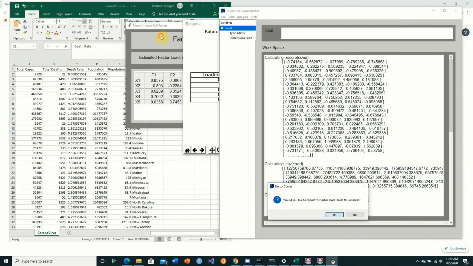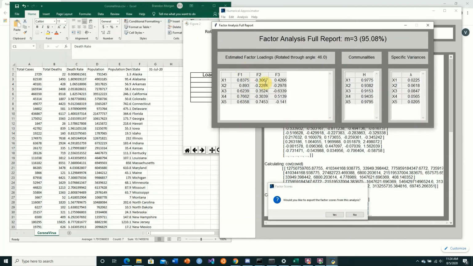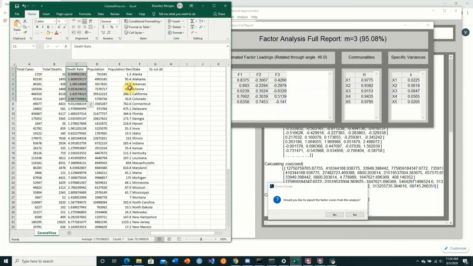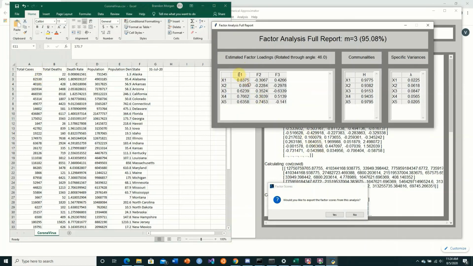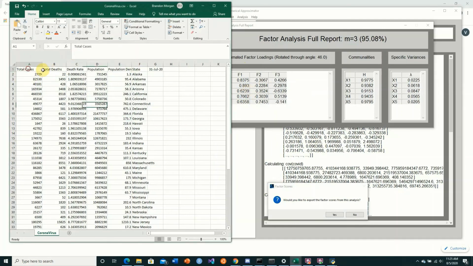And so we can say here that we have 3 main underlying latent variables in our data set. As previously stated, our first underlying variable is highly correlated with x1, x2, and x4. So total number of cases, deaths, and population would probably be one of the latent variables.